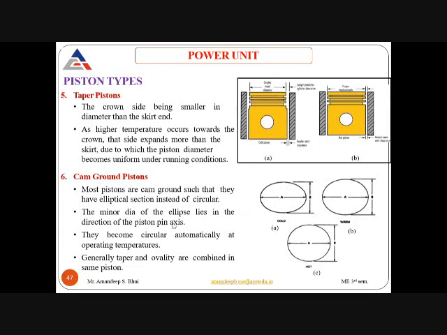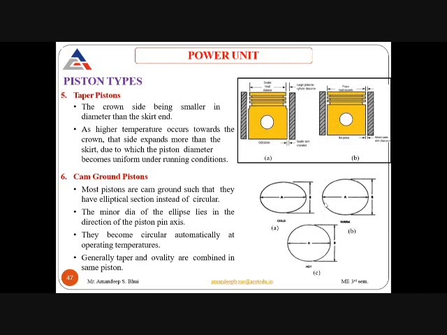The minor diameter of the ellipse lies in the direction of the piston pin. So in the direction of the piston pin, the minor diameter B is there.